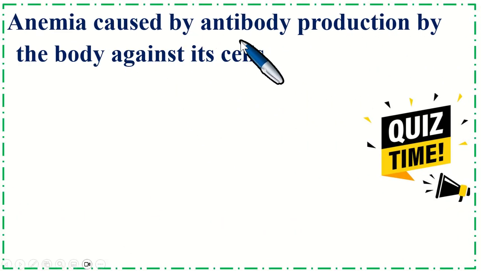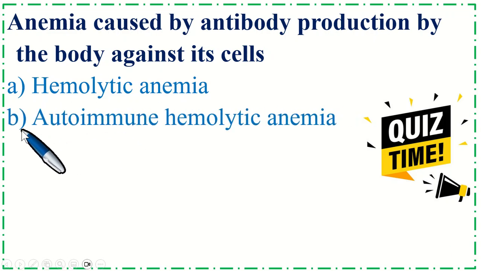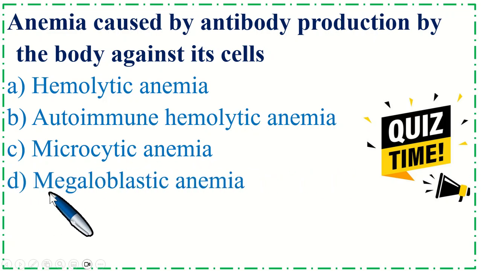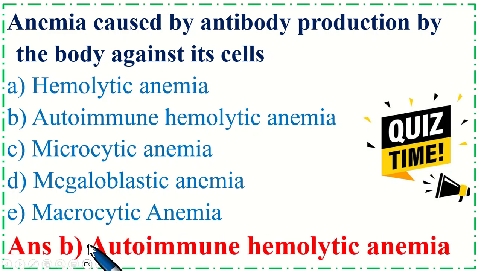Anemia caused by antibody production by the body against its own cells: option A hemolytic anemia, B autoimmune hemolytic anemia, C microcytic anemia, option D megaloblastic anemia, and option E macrocytic anemia. Correct option is B autoimmune hemolytic anemia.